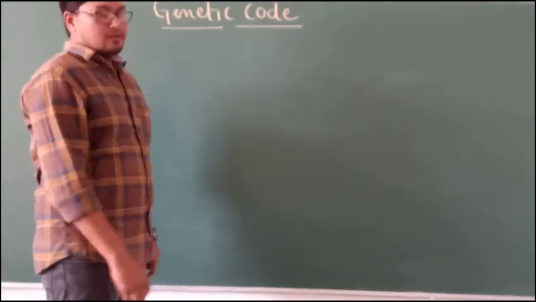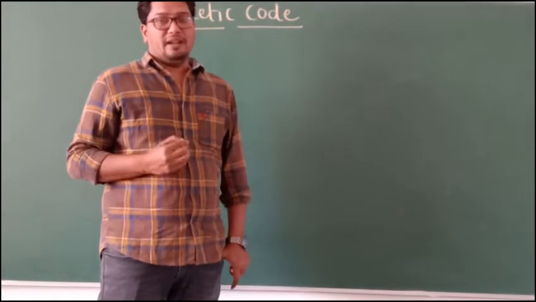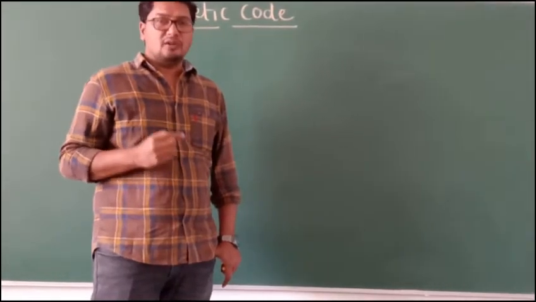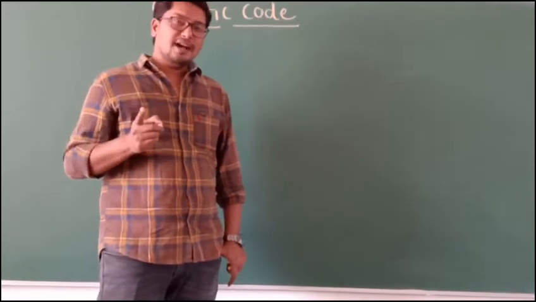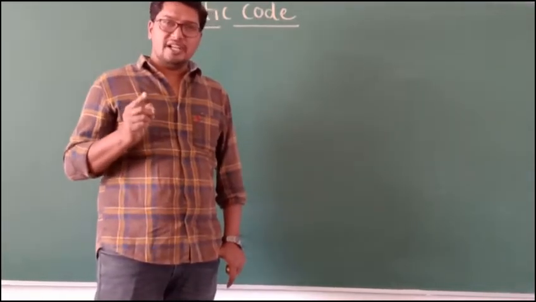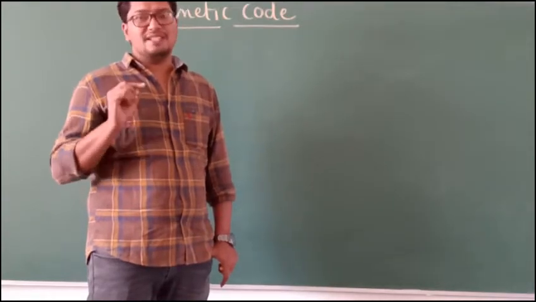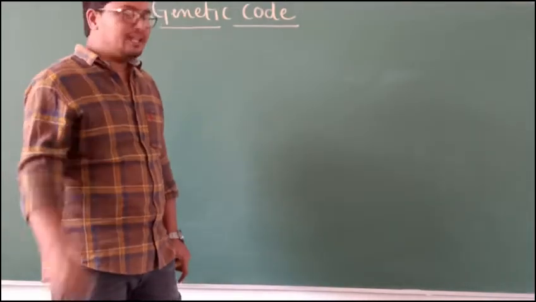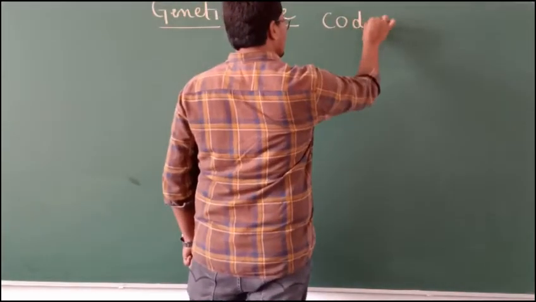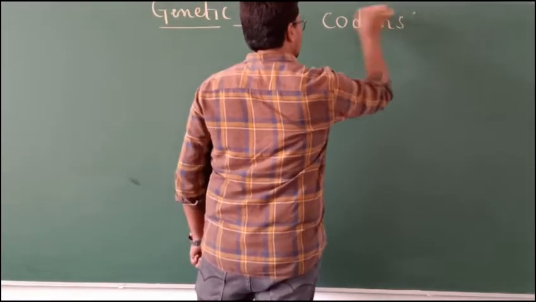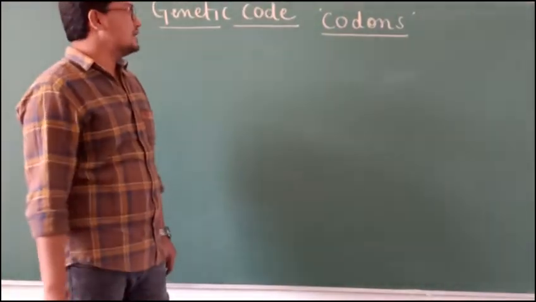Genetic code. In previous classes we have studied what is mRNA. M stands for messenger RNA, which is the RNA that carries the genetic information required for polypeptide chain synthesis. mRNA carries the genetic information in the form of codons. What is a codon?